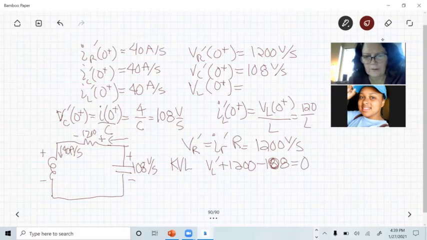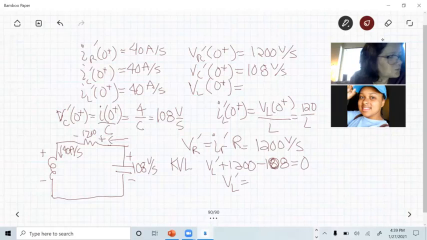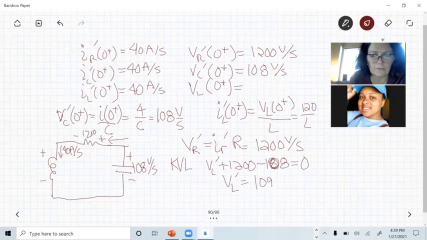All that has to equal 0. We get VL prime equals negative, no, it's not negative because I defined it in the other direction. It is positive 1092 volts per second.